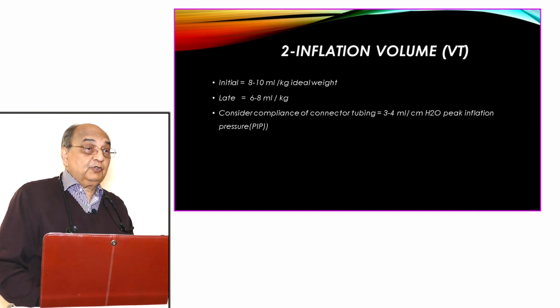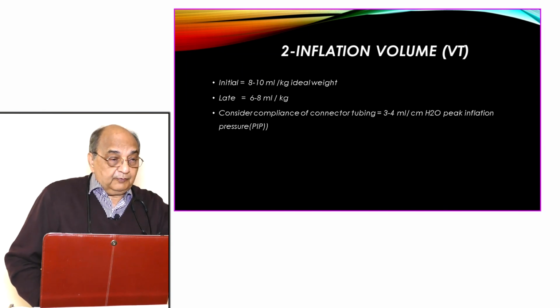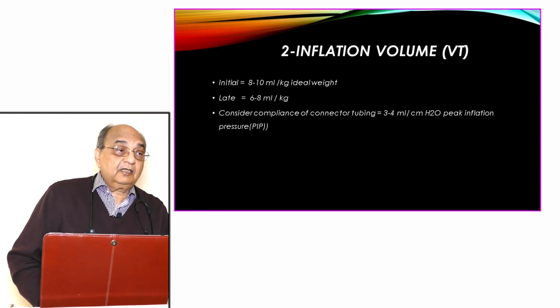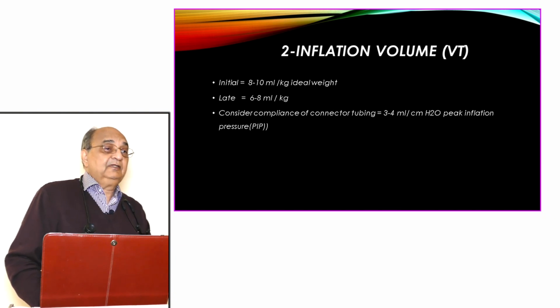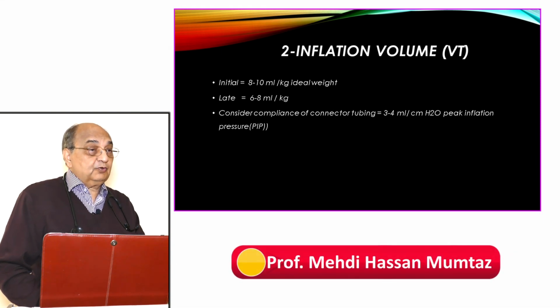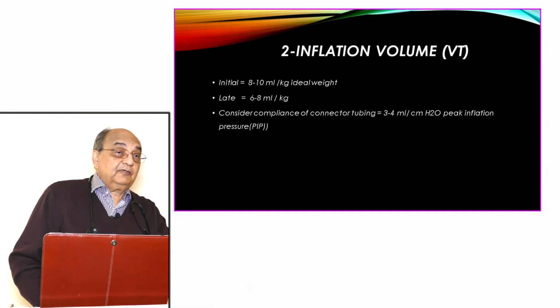You think that this should be adequate volume for this particular patient in this particular condition. Then later on we reduce or increase the volume according to the response, which is on the blood gases.